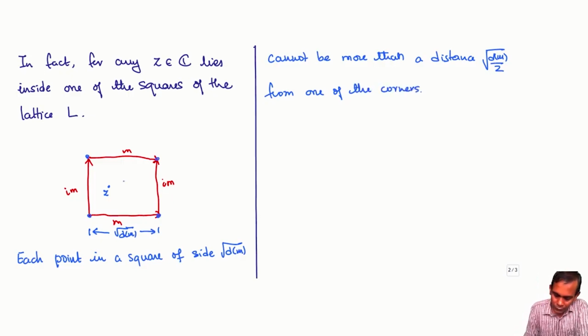In fact, the worst point is the point right at the center of the square, and that's at a distance of square root of d m by 2.